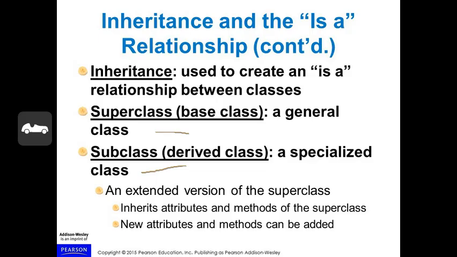You can think of the subclass as an extended version of the superclass. The subclass inherits attributes and methods from the superclass without any of them having to be rewritten. And also new attributes and methods may be added to the subclass. And that is what makes the subclass a specialized version of the superclass.